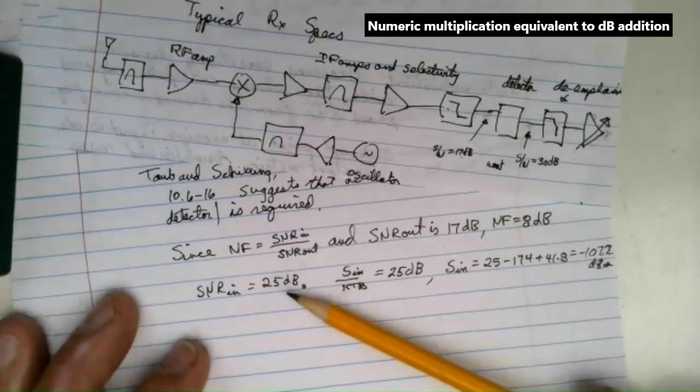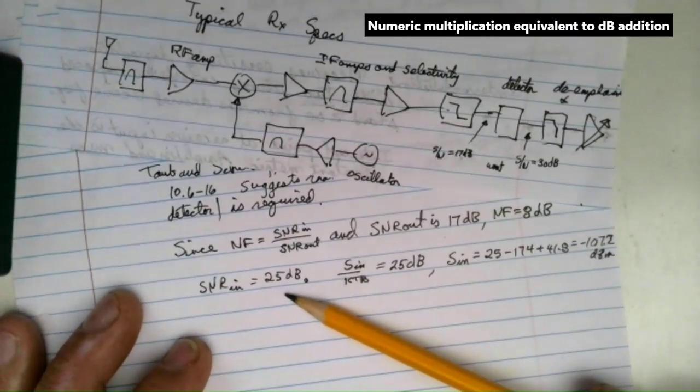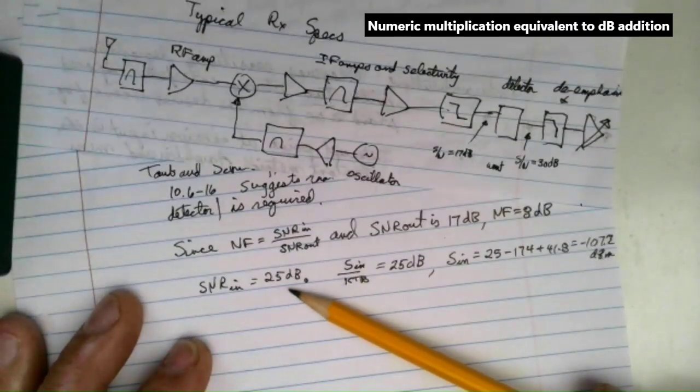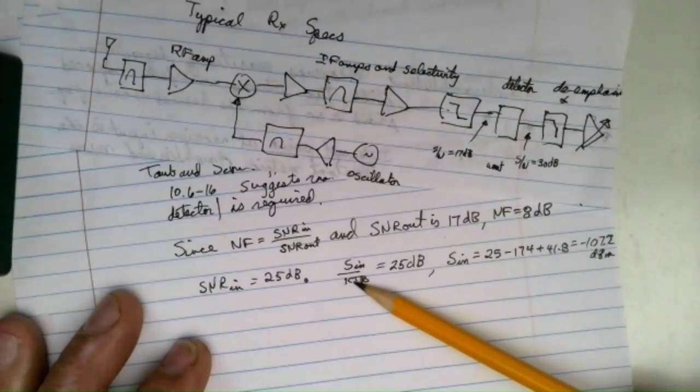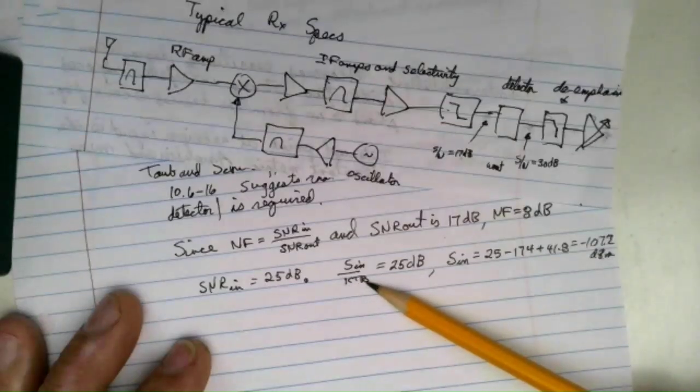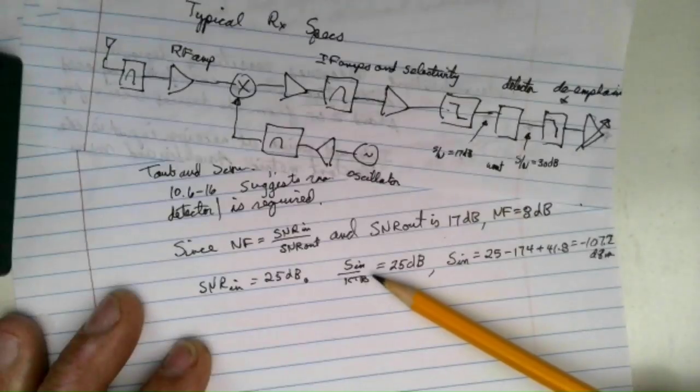All right, so now figuring our receiver sensitivity, SNR times KTB, Boltzmann's constant times temperature times our bandwidth, which we're going to use 15 kilohertz here. And I believe that's the way Taub and Schilling had intended it to be.